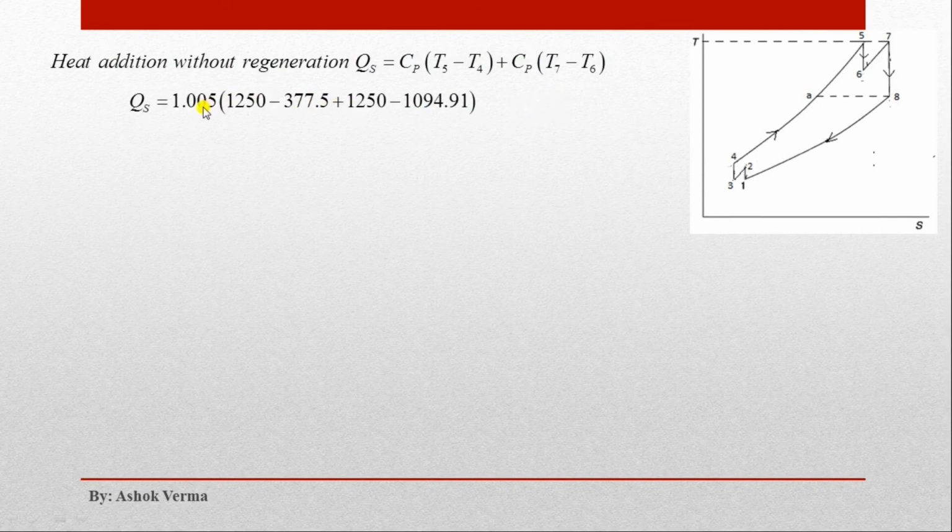After putting the values, Qs will be equal to 1.005 into T5 equal to 1250 minus T4 equal to 377.5, plus T7 equal to 1250 minus T6 equal to 1094.91, which will be equal to 1027.59. So this is the heat addition without regeneration.